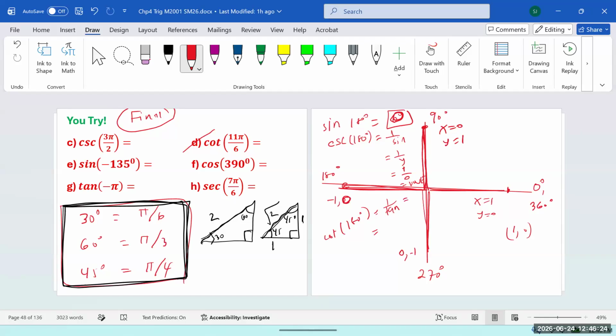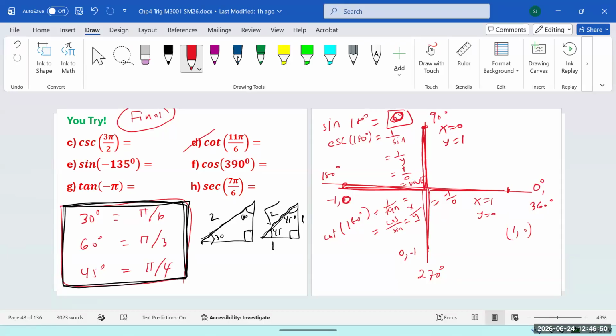So what is cotangent? Cosine over sine. Now cos represents x, and sine represents y. So we have -1 over 0. Doesn't exist. So not everything at 180 is undefined. Whatever you have, if the denominator is y, it doesn't exist.